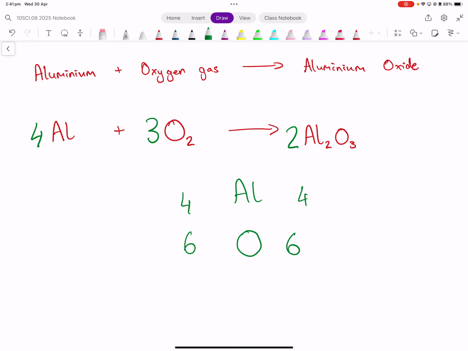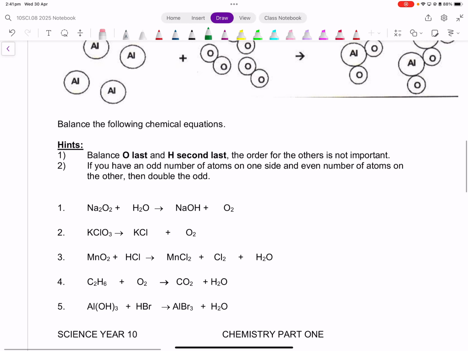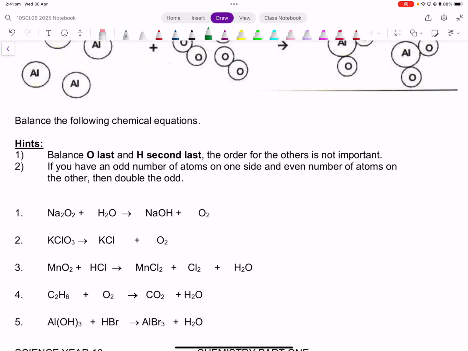And I do want to see you using your whiteboards to re-evaluate, to erase. And only once you have an answer which is completely balanced, that is when you write it into your booklet. Okay? Writing into your booklet is the last possible step. So here's what you're going to do right now. Okay? We have the final rules.